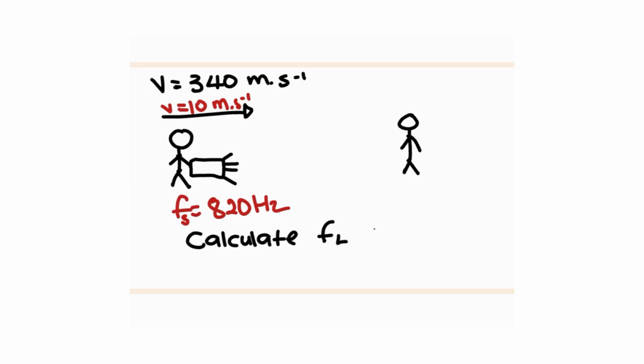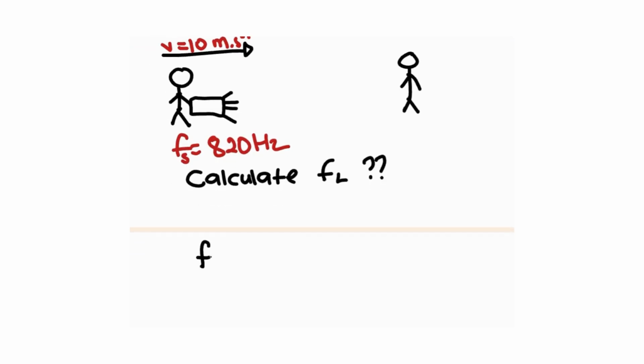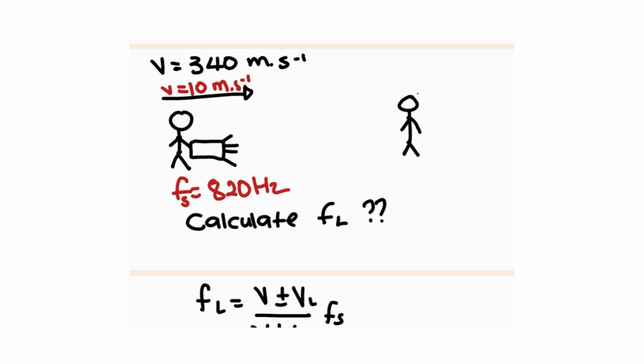Okay, and then the first question, we want to calculate your frequency, the frequency that you hear. We want to calculate FL. So remember, the first thing, you write the entire formula, V plus or minus VL over V plus or minus Vs times Fs. Who is moving?